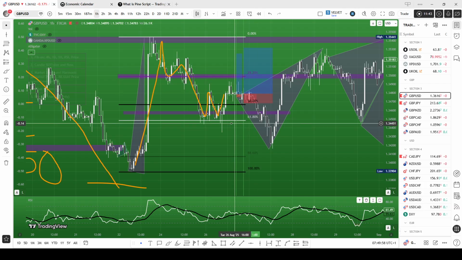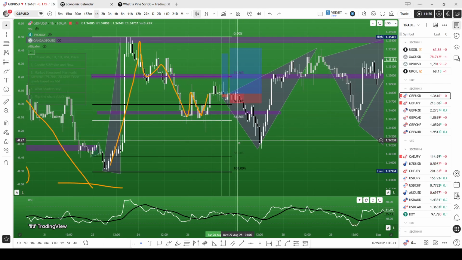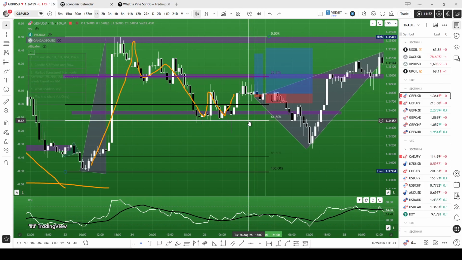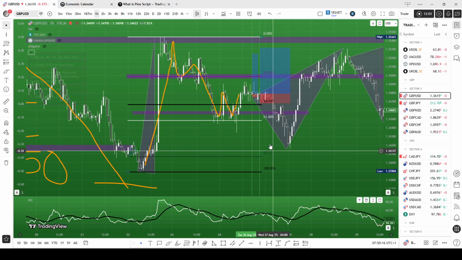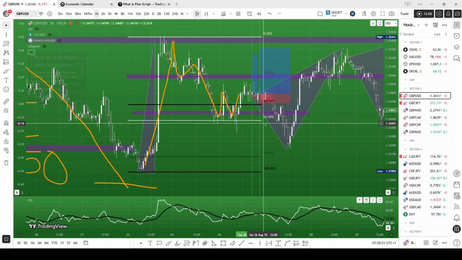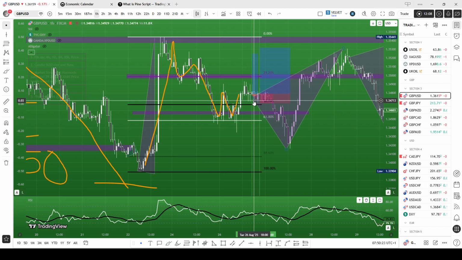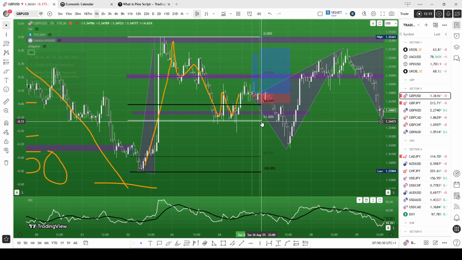GBPUSD, same stuff. I was trying to long it twice actually, and it did not succeed, but it's more like a scalping approach, because I wanted to enter without any risk involved with entry, not giving it any space to breathe and to actually see and feel that we are wrong in our analysis.